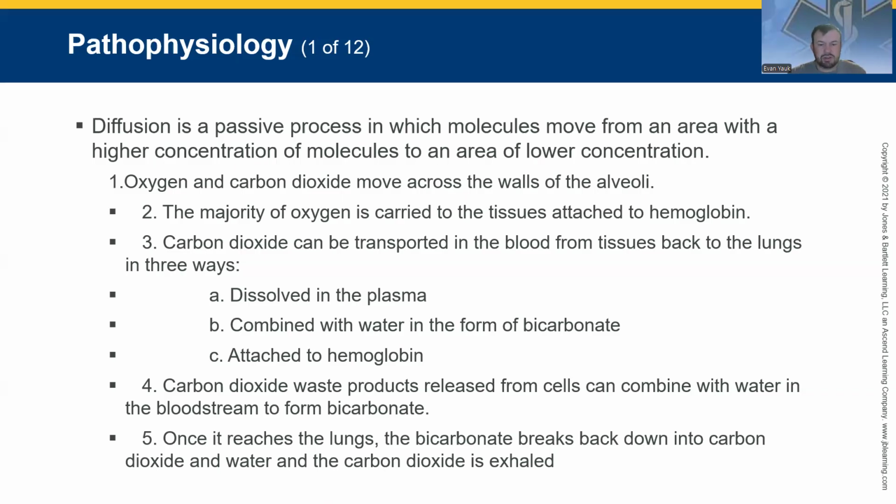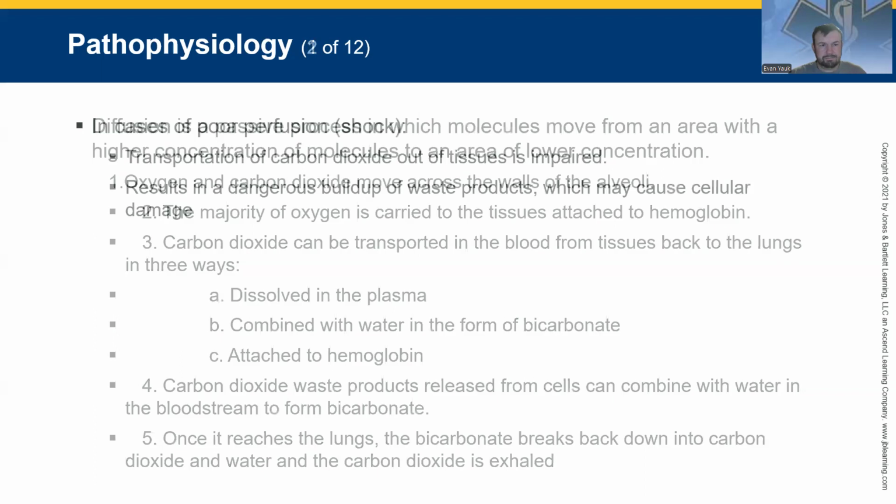Once it reaches the lungs, the bicarbonate breaks down into carbon dioxide and water, and the carbon dioxide is exhaled. So all of that in one big picture is the same process we've been talking about when we talked about onloading oxygen, offloading carbon dioxide. It's just explaining that it can happen in multiple ways.